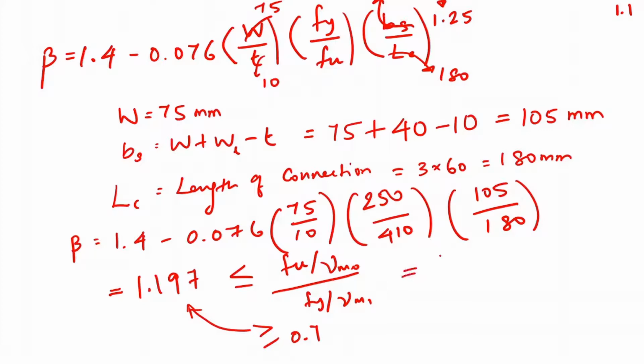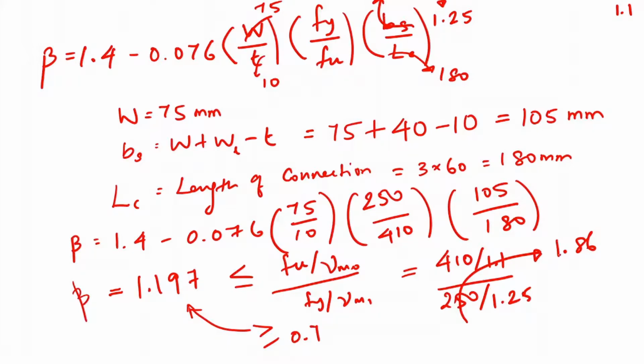If you substitute Fu is 410, gamma M1 is 1.25, Fy is 250 and gamma M0 is 1.1, the value of this term is 1.86. So this beta is between 0.7 and 1.86, so we can use this beta value as 1.197.